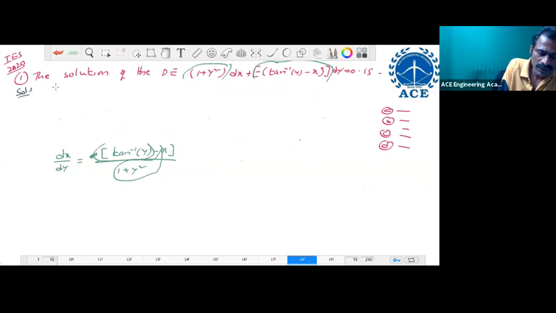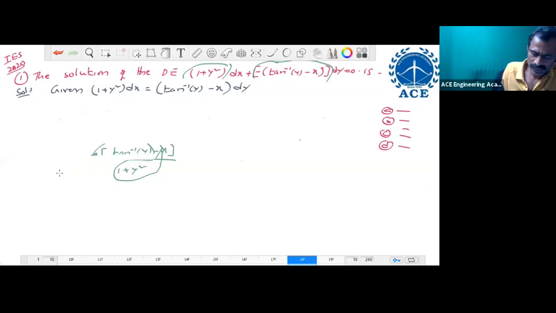Here is the solution. Given (1 + y²) dx = (tan⁻¹y − x) dy, we shift the other side. We write this in linear form only.